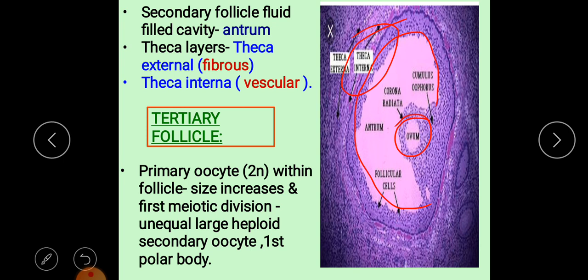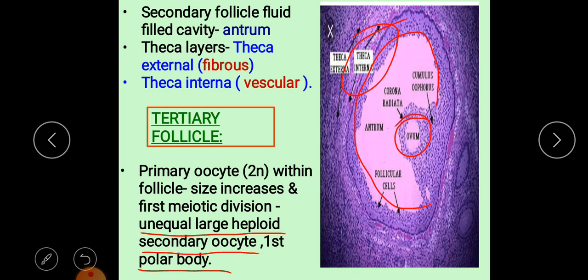And what happens next? This first meiotic division completes and forms an unequal, large haploid secondary oocyte and the first polar body. Here the total of 2 cells are formed.